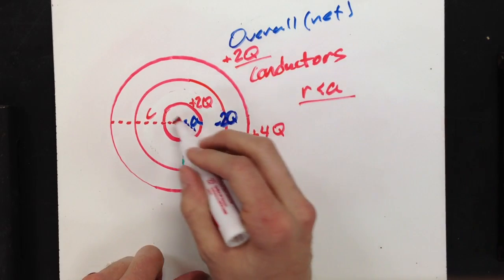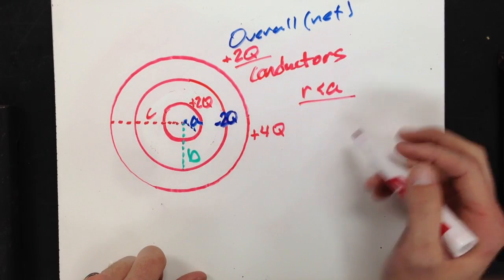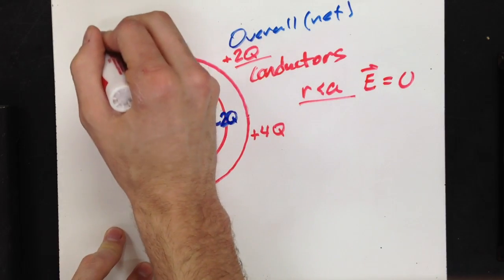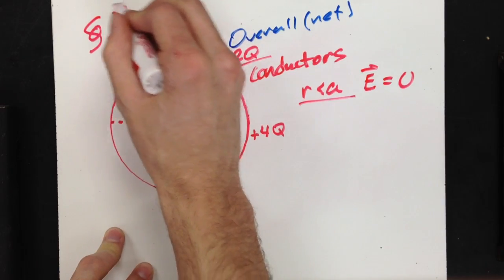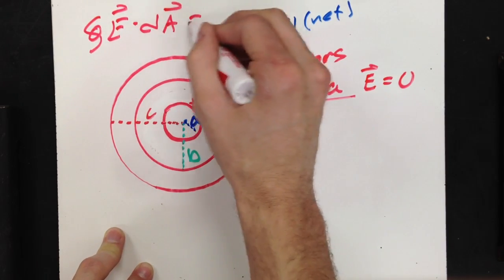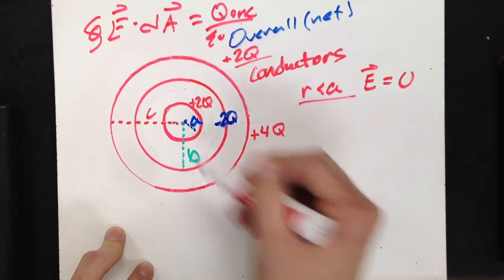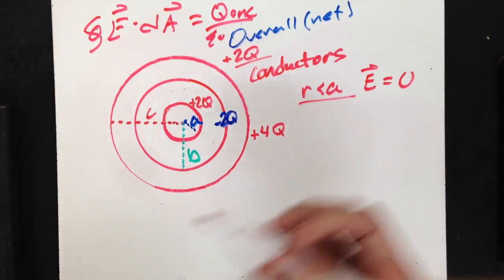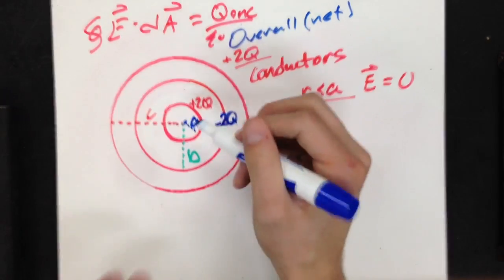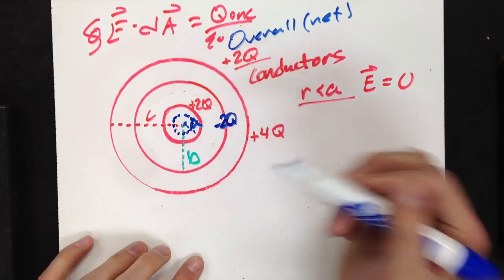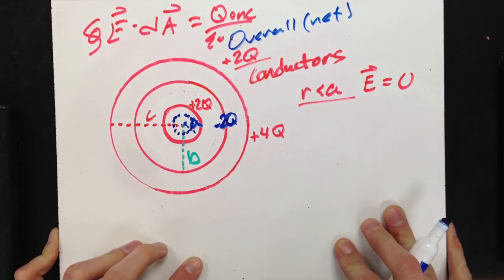So for r less than a, inside this conductor, I have no electric field, because we are going to be using Gauss's law. There is no q enclosed because all of the charge is on the outside. My Gaussian surface, keeping with the blue here, would be inside, enclosing no charge.